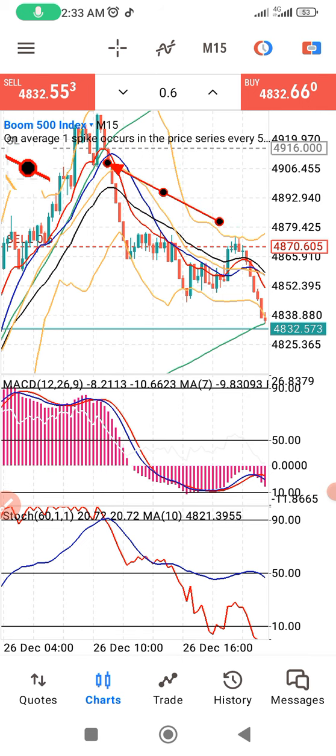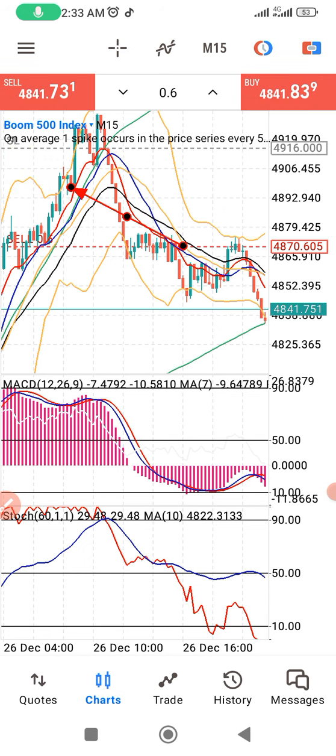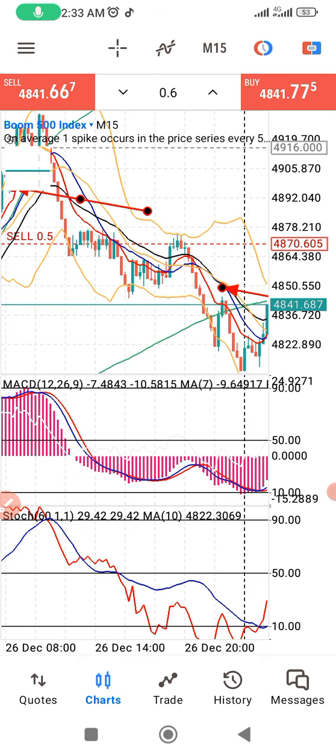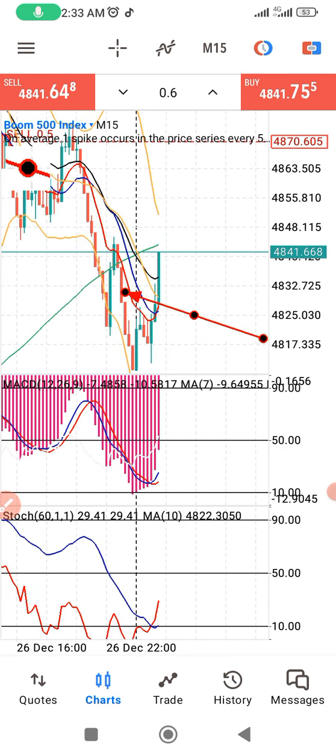Any trade we have in this region, you can see the green upper Bollinger Band, any trade in this region is a reversal, while trades below this region are all our trend continuation trades.